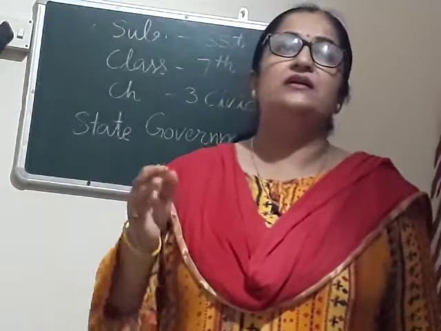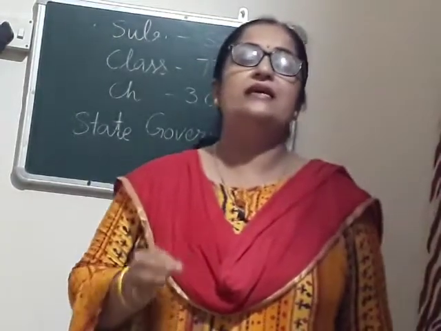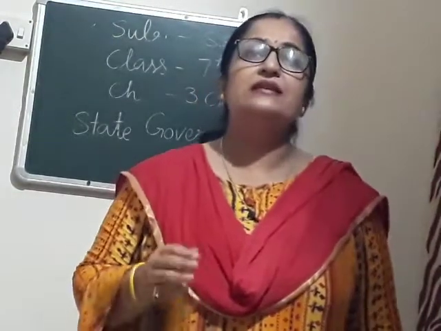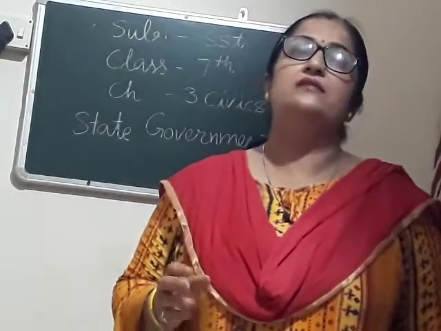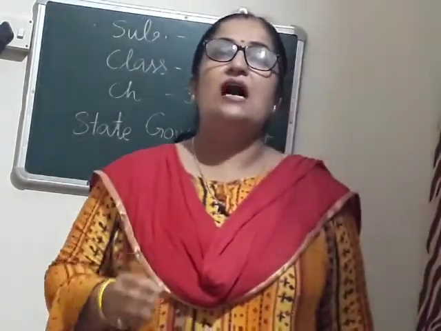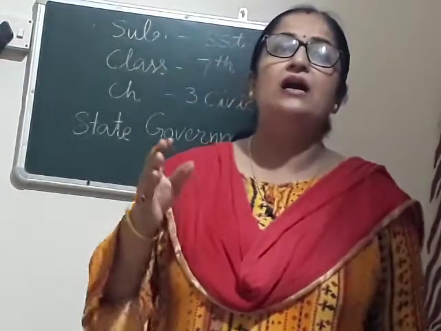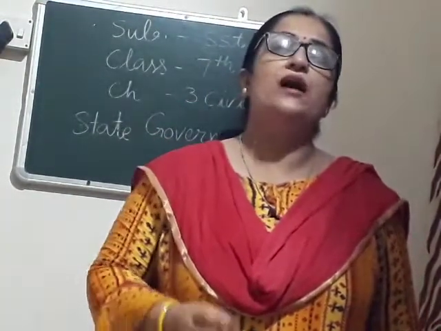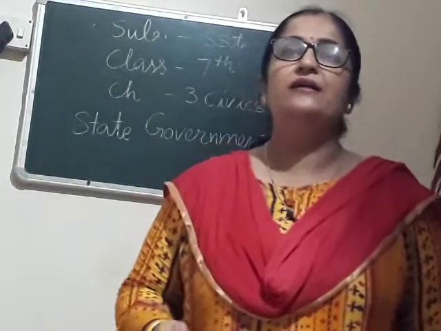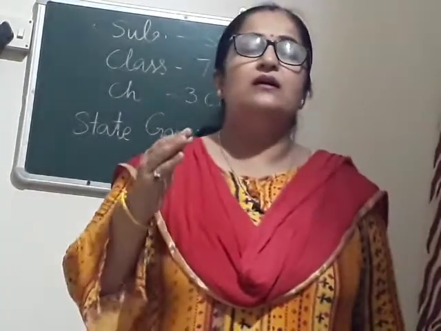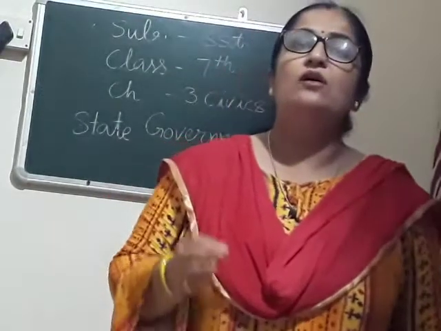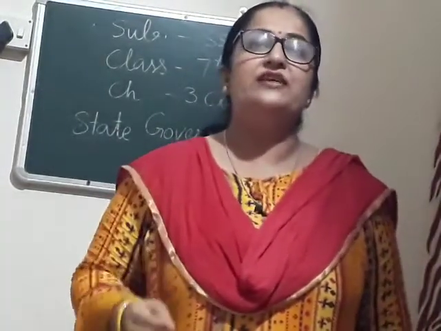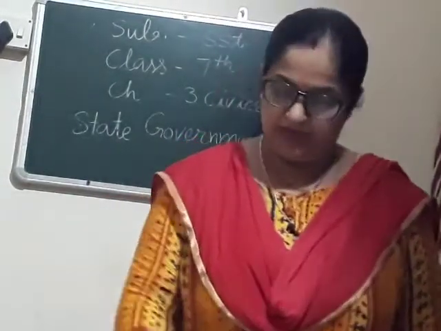But the governor exercises his or her powers in a number of important areas, like functions that are carried out on the advice of the chief minister and the council of ministers. Right. Now the qualification for appointment.